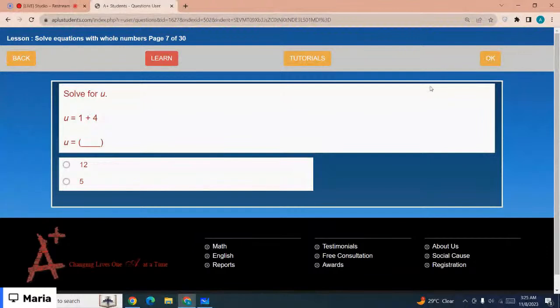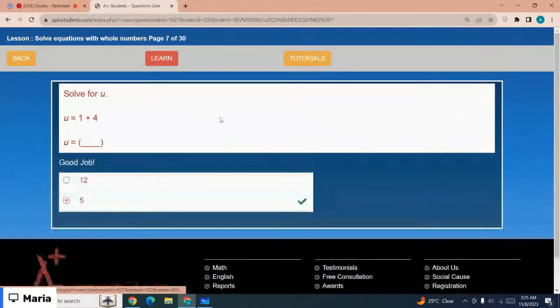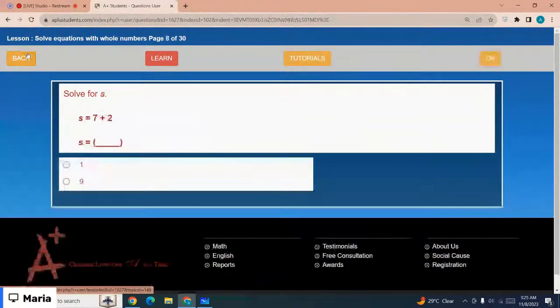The correct option is 5. Okay, you can complete the lesson by yourself later today. Let me just move on to next lesson. It's okay if you already did this unit. You can find the practice questions on the grade 5 book and do as many practice questions as you can, right?